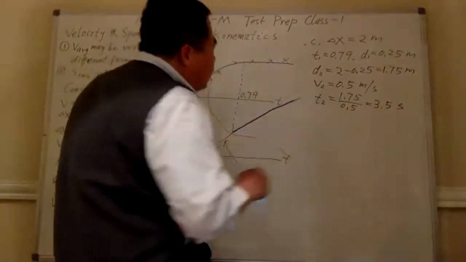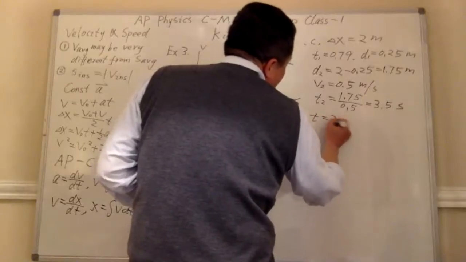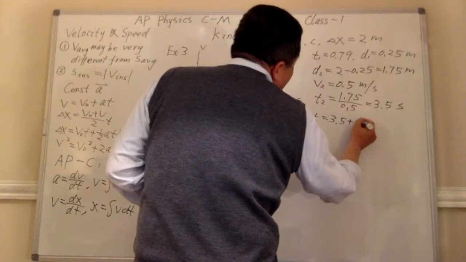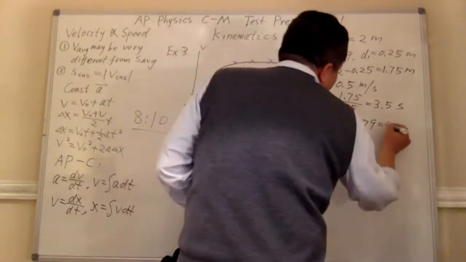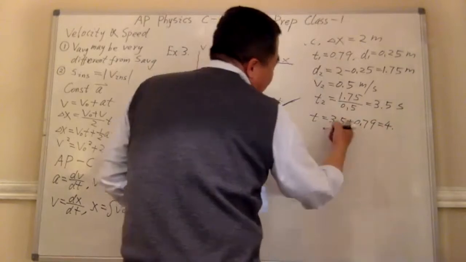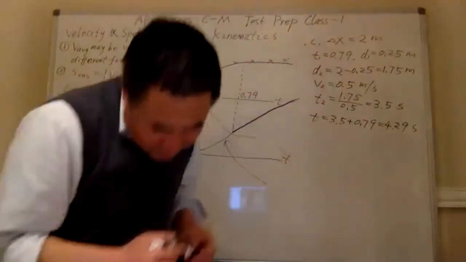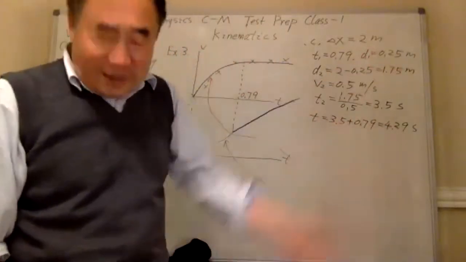Then the total time they want is 3.5 plus 0.79, which equals 4.29 seconds. So we got 4.29 seconds to travel to the end.